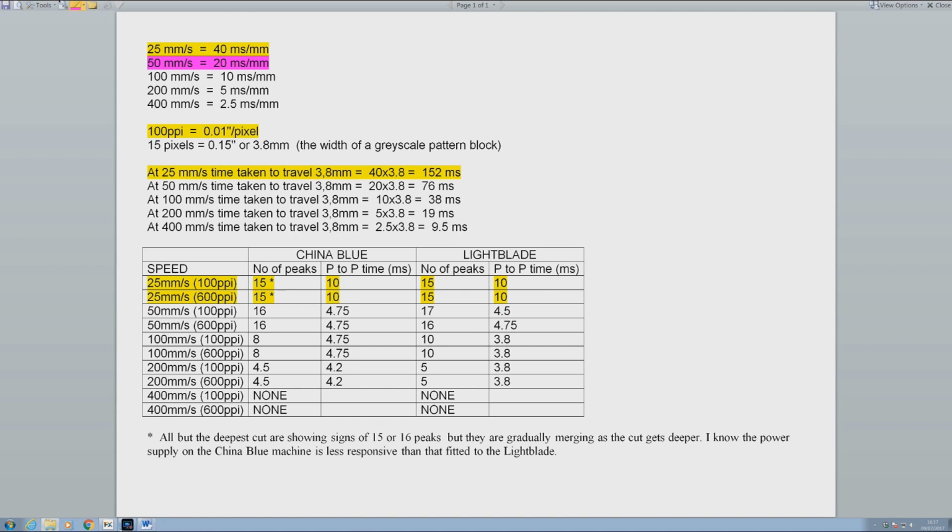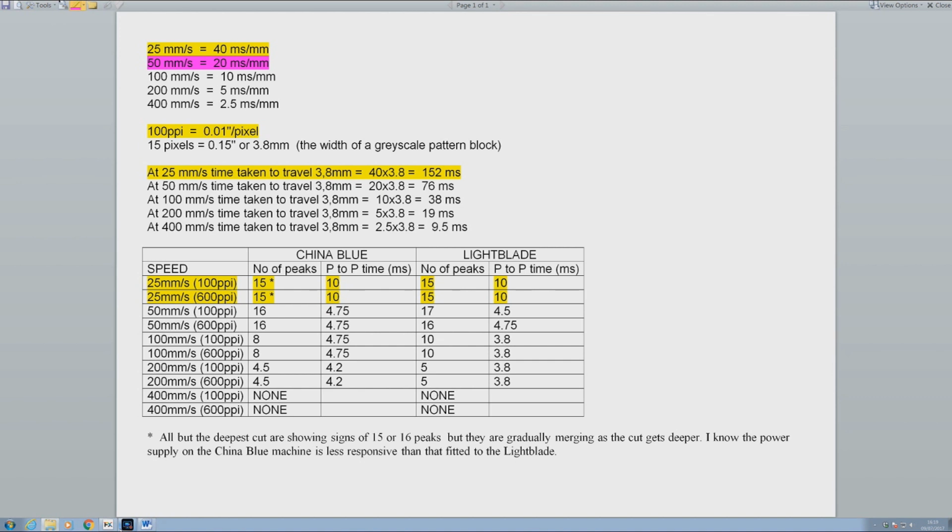Now, if it thinks that the pulse time is too small, what it does, I'm proposing, is that it chooses a resolution that can suit itself. At 600 pixels per inch, it averages 6 pixels into 1 pixel and says the average power for those 6 pixels is, and it gives an output.